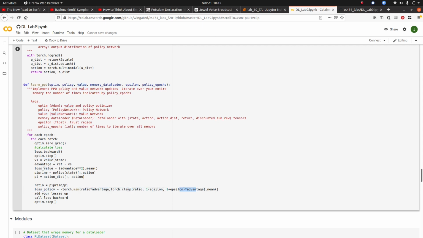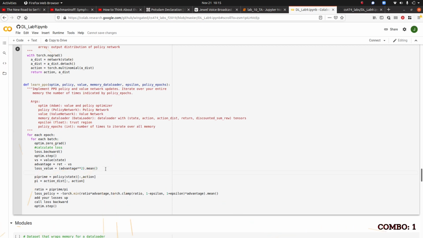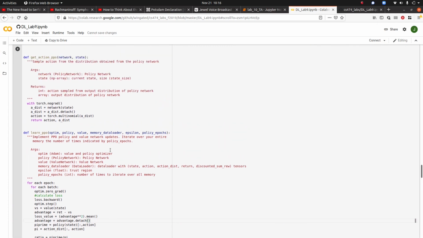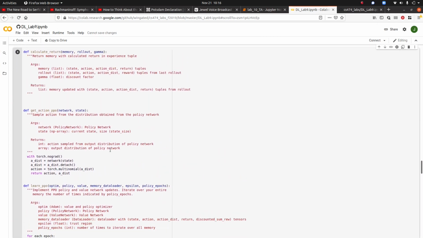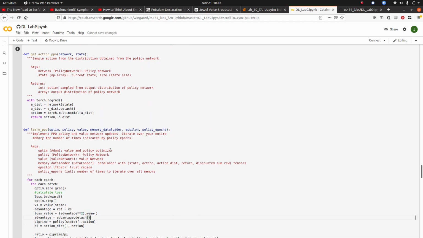And so we'd like to detach the advantage as well as soon as we're done using it for the value loss. So advantage equals advantage.detach. And I believe that's everything you need to know about the 3 PPO functions. Okay, good luck on your lab and have fun.